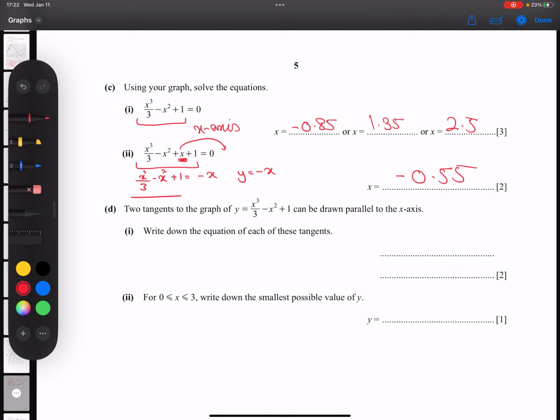Two tangents can be drawn parallel to the x-axis. Write down the equations of these tangents. Parallel to the x-axis means that they're horizontal tangents, and horizontal tangents are found at the turning point. So you got to find equations of the tangent.